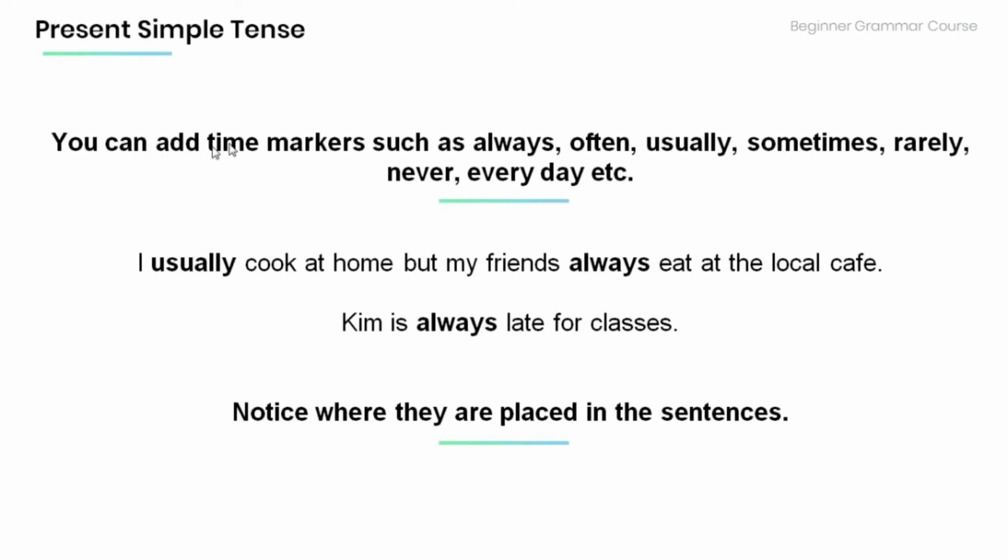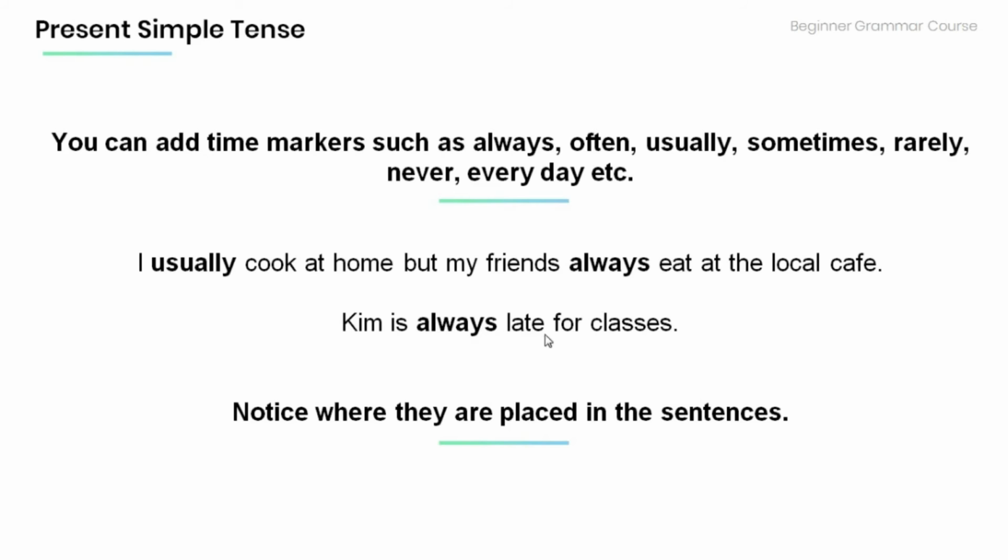Now we can add time markers such as always, often, usually, sometimes, rarely, never, every day, etc. to the present simple tense. Let's have a look at the examples below. I usually cook at home, but my friends always eat at the local cafe.